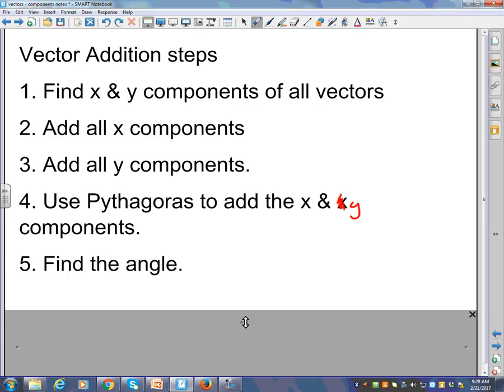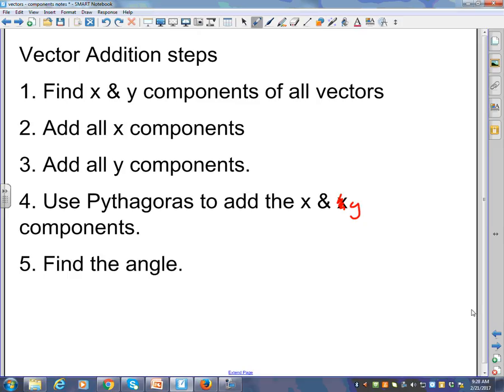Got to proofread my notes. And find the angle. Lots of steps, but relatively straightforward. Just sort of work, not too much thinking work, right?